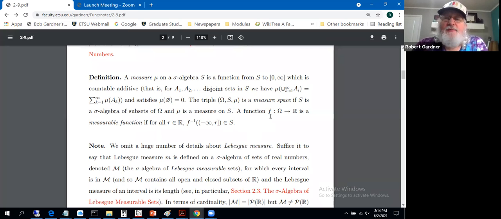A function f mapping set omega into the reals is called a measurable function if for all real numbers r, the inverse image of the interval from -infinity to r, including r, is an element of S. In other words, it is a set on which mu is defined, a measurable set.